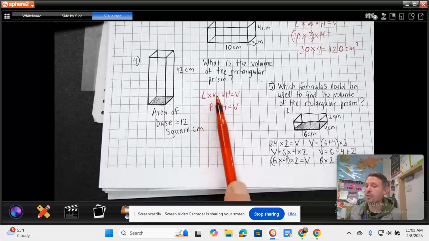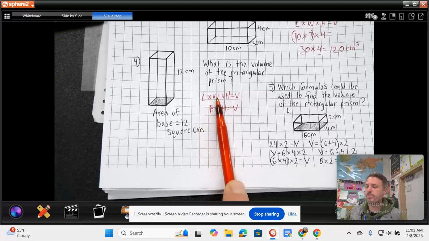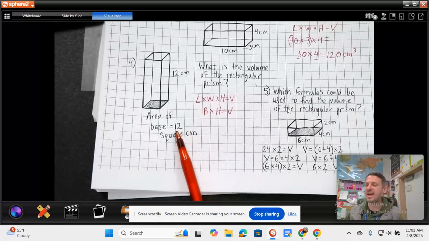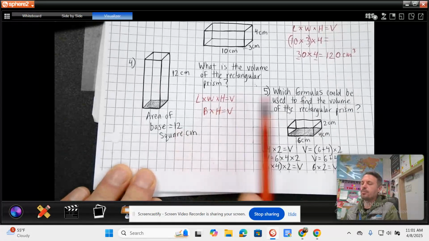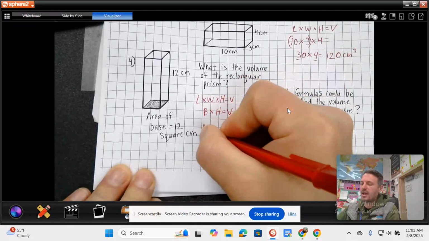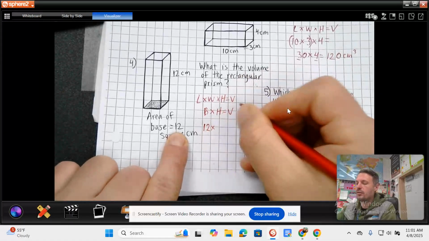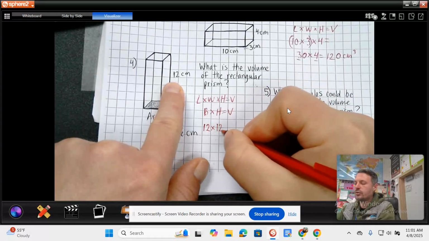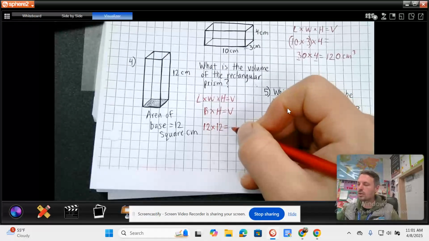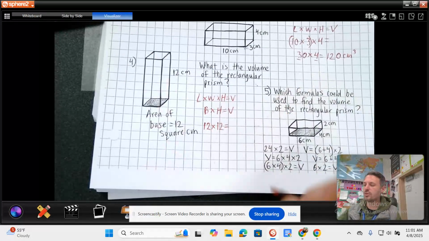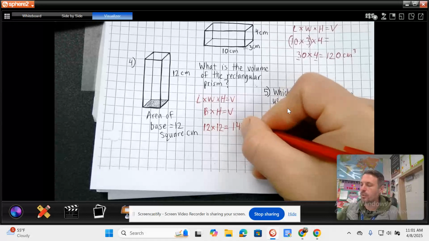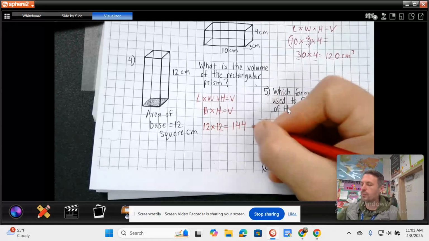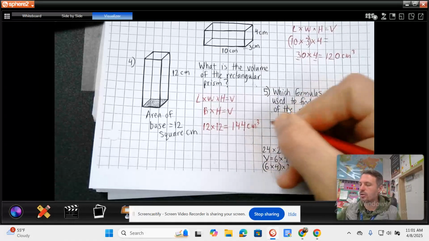But if it doesn't tell you the length and the width, that's probably because it tells you the base instead. And then you just use this simpler formula of base times height. So the base is 12 and the height is 12 too. Okay, so now we have 12 times 12. You know that's 144. So 144 centimeters cubed.